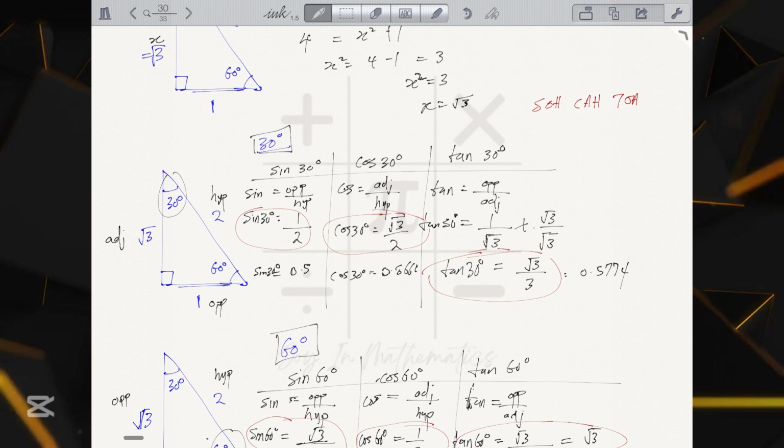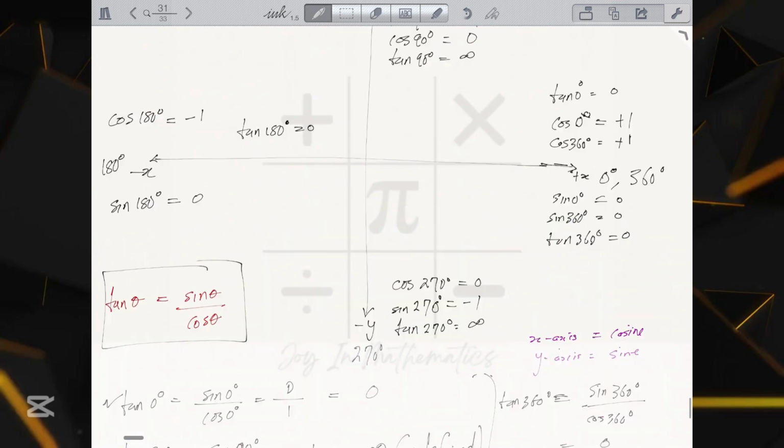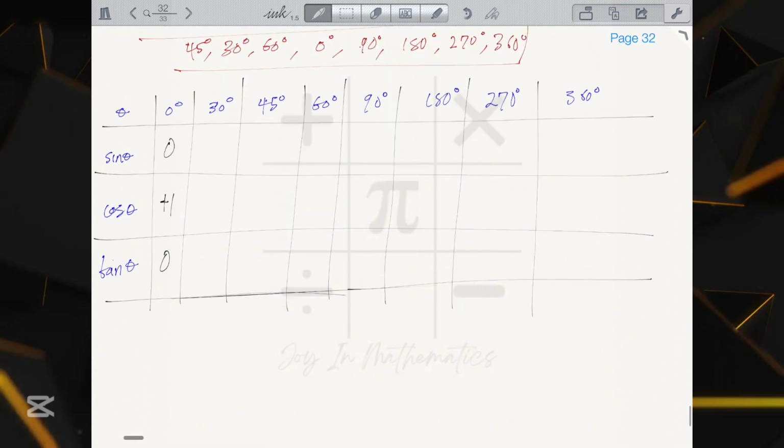So we saw that sine 30 degrees is equal to 1 over 2, cos 30 degrees is equal to root 3 over 2, and tan 30 degrees is equal to root 3 over 3. Summarizing that there now: sine 30 degrees is 1 over 2, cos 30 degrees is root 3 over 2, and tan 30 degrees is root 3 over 3.